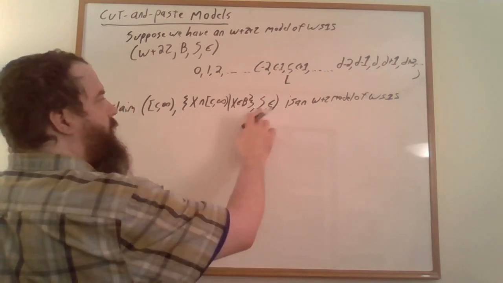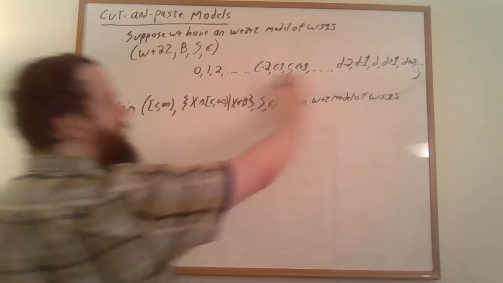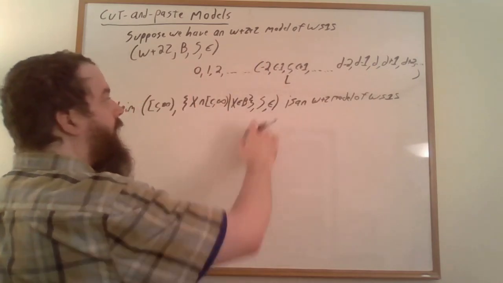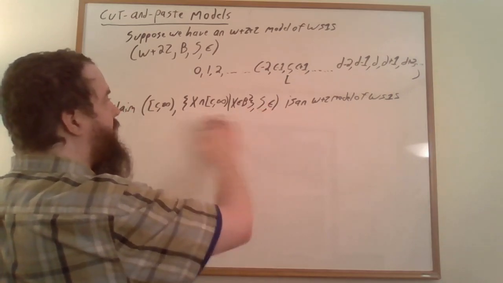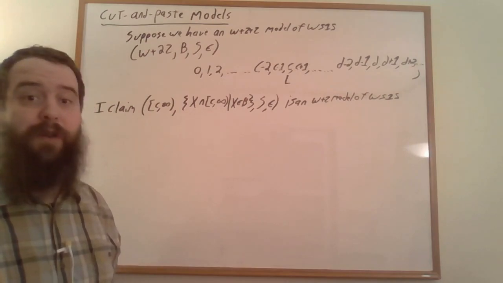And then we'll have just the usual notion of successor on this subset of the original omega plus 2z, and of course containment between this collection and this collection. It's just going to work the way that containment always works.